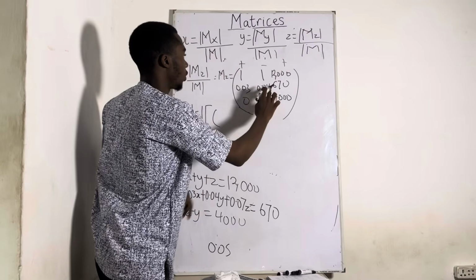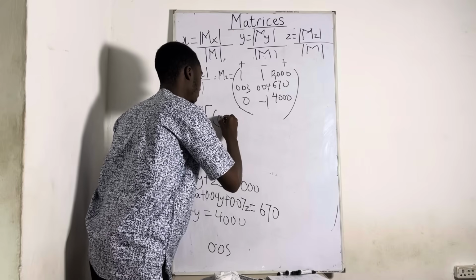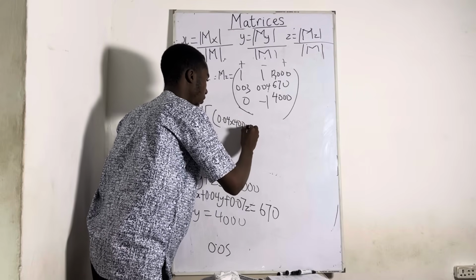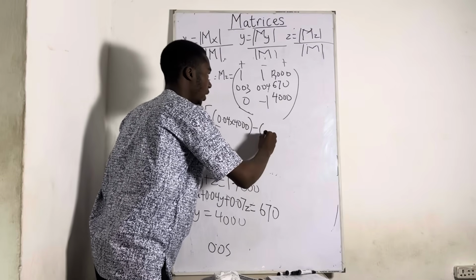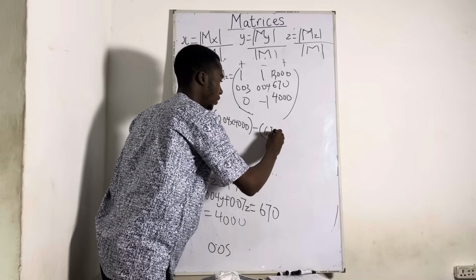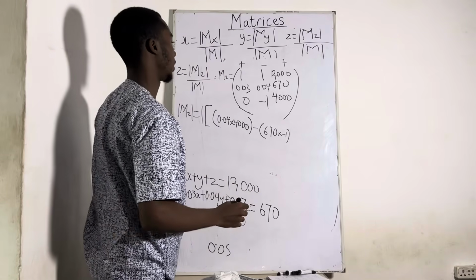So it's going to be 0.04 times 4,000, close bracket, minus into bracket 670 times -1.